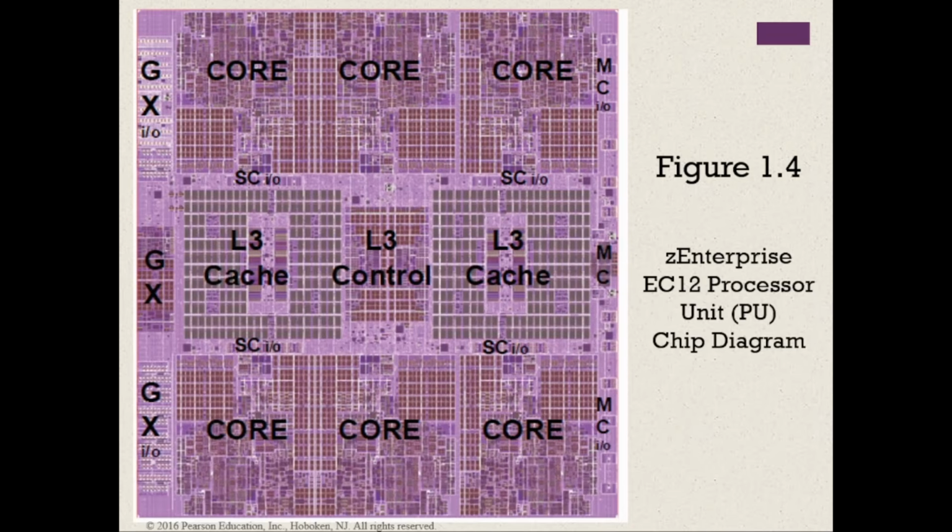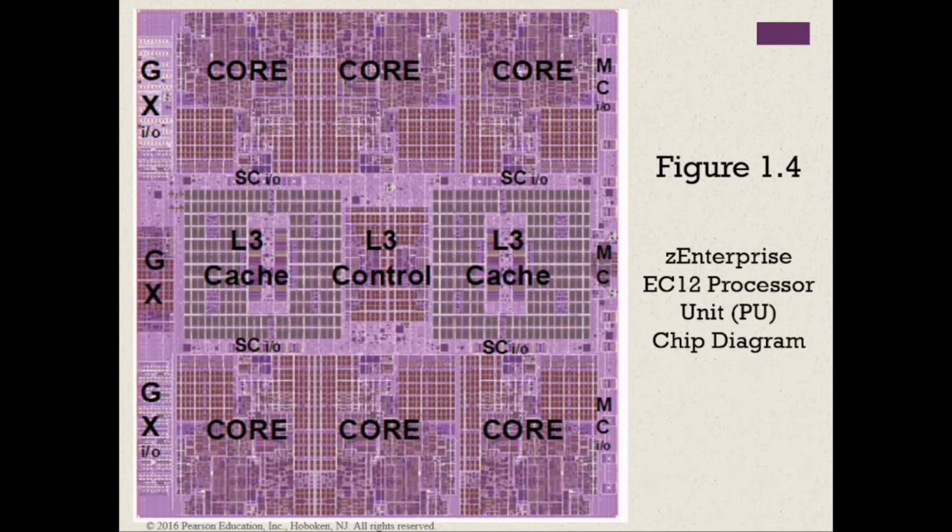As we can see, the chip has 6 cores, 1, 2, 3, 4, 5, 6, or processors. In addition, there are two large areas labeled L3 cache. As I've said, the computer organization, or specifically the processor, depends upon the processor manufacturer.